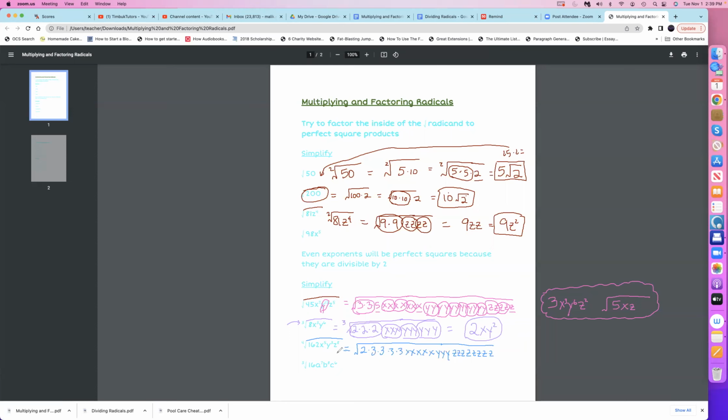Okay, I'm gonna circle my groups of 4 because my root index is 4. So I need 4 before they can come out. There's 4 3s. We have 3 y's. Everyone's gonna stay in there.